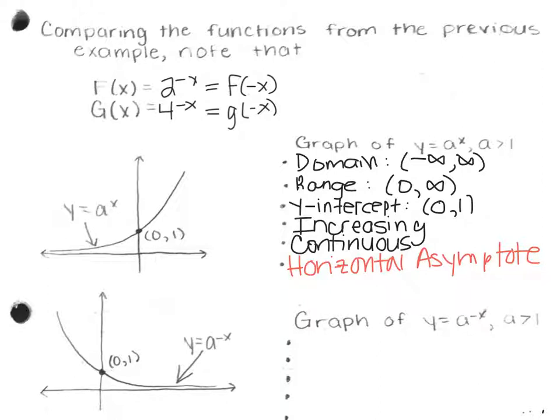In this case, a to the x approaches 0 as x approaches negative infinity. So the smaller our x values get, the closer and closer we get to 0, but we never actually get there.